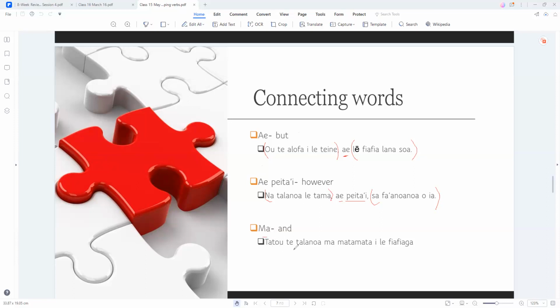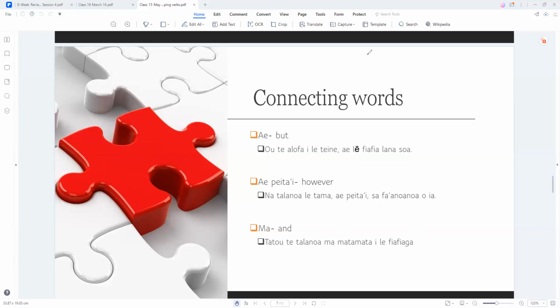So "Tatou te talanoa", we speak, "ma matamata i le fiafiaga", and watch the entertainment. So very common connecting words right there that will help you connect your phrases.